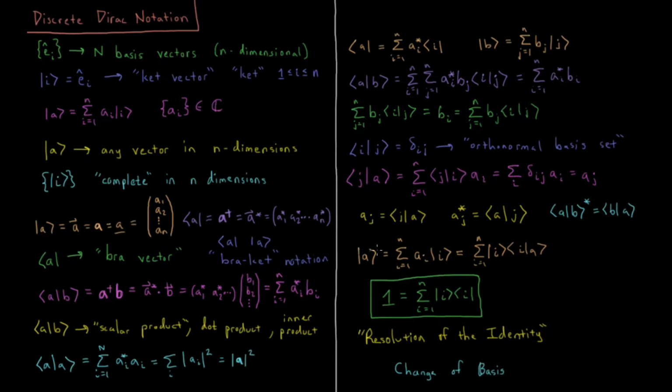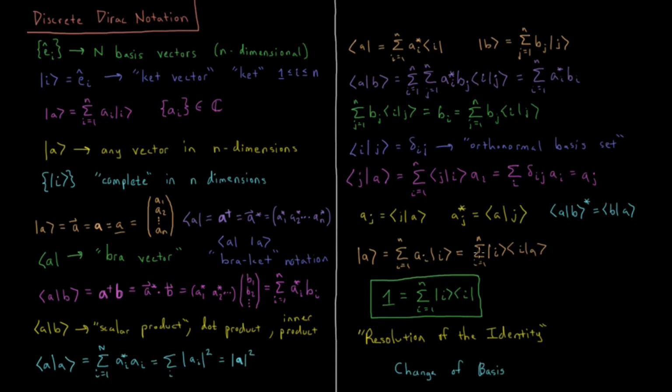Okay, so looking at this, we also see that since a sub i is going to be equal to the inner product of i with a, we can represent a as the sum from i equals 1 to n of a sub i times basis vector i, which is equal to the sum from i equals 1 to n of the inner product of i with a times basis vector i.